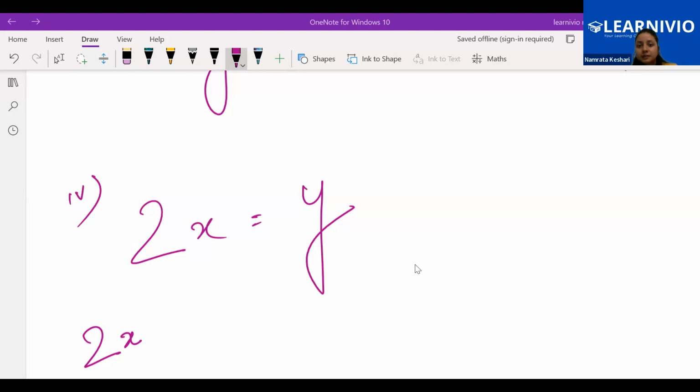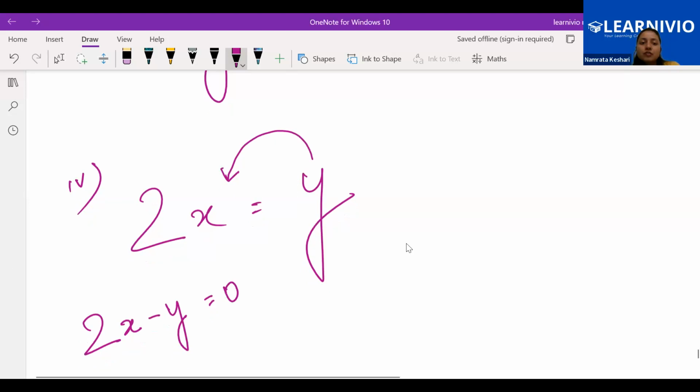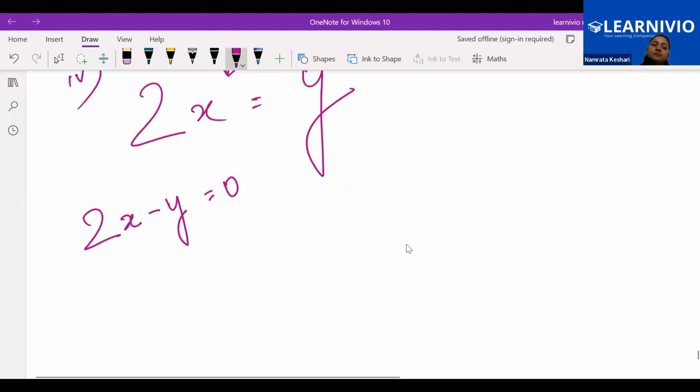I said everything we will be keeping on one side, the other side will be 0. So this y we are going to take to this side, yes or no? 2x minus y is equal to 0. Can you tell me what will be A, what will be B, and what will be C from here? A is 2, B is minus 1, C is 0.